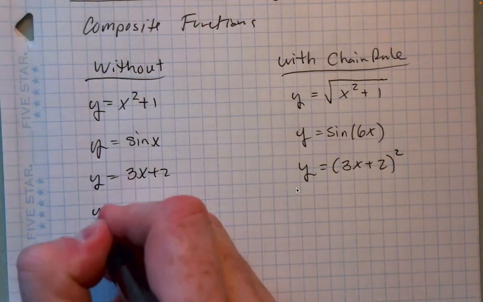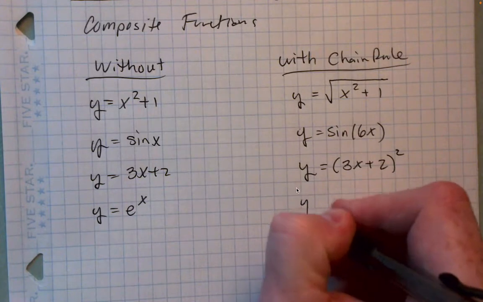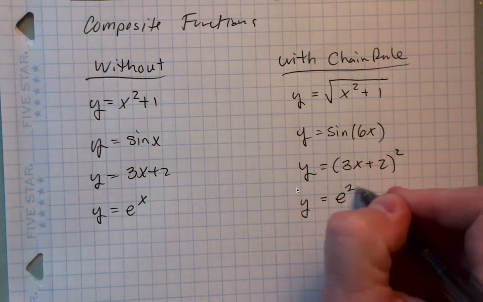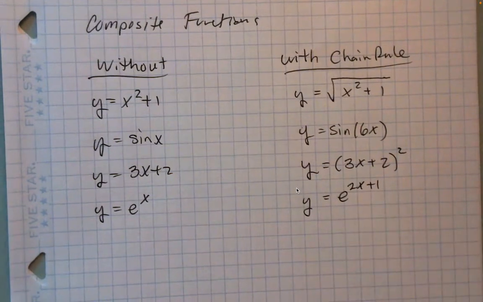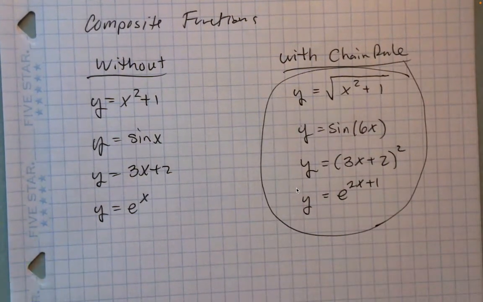And then we've discussed y equals e to the x, but what happens with functions like y equals e to the 2x plus 1 power? All right, so these over here are all examples of the types of things that the chain rule is going to enable us to differentiate.